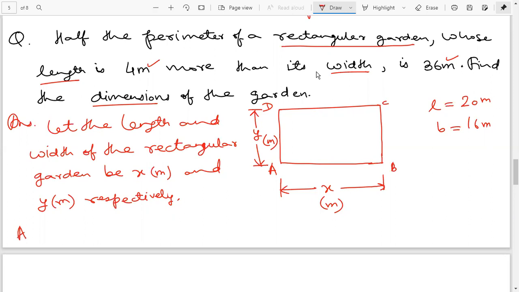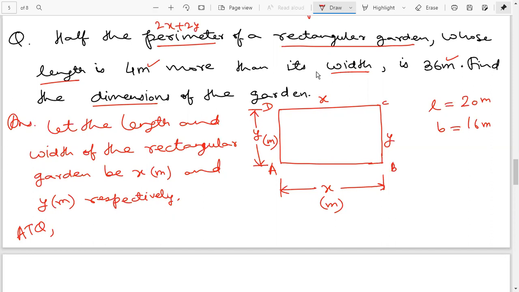Now we write ATQ, which means according to the question. What they are saying: half of the perimeter. Perimeter we know is the sum of all the sides. This is x, so this will also be x, this will be y, the sum of all the sides, so 2x plus 2y.